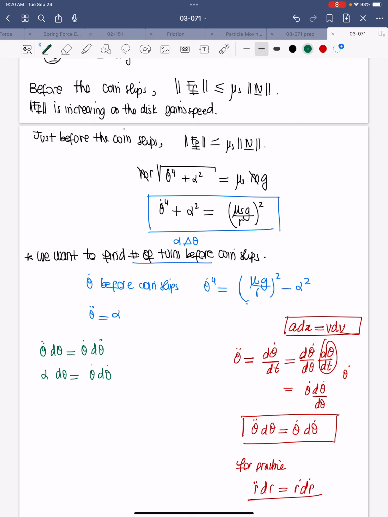Now if I integrate, alpha as a constant is outside the integral, d theta from 0 to the theta that I want to find just before slip, and theta dot d theta dot, we're going to integrate from 0 because theta dot is initially 0 since the disk starts from rest, and then to the instant where we have slip.